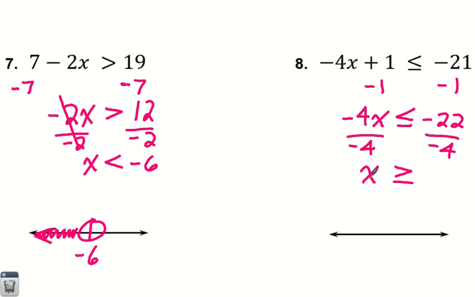A negative divided by a negative is positive. Obviously, I noticed right away, this is not dividing clean. So the classic response is, should I leave it as a fraction? Is it going to be a pretty clean decimal?